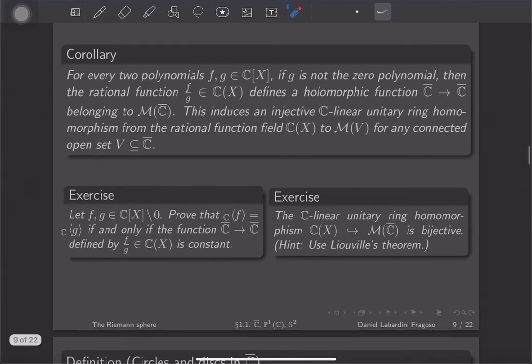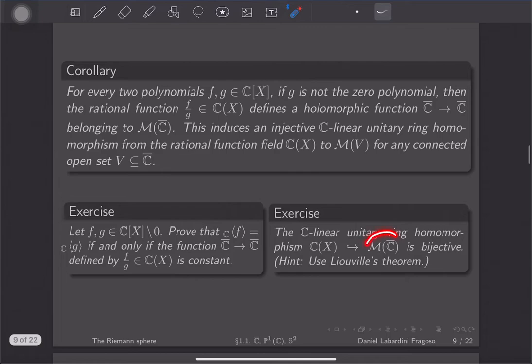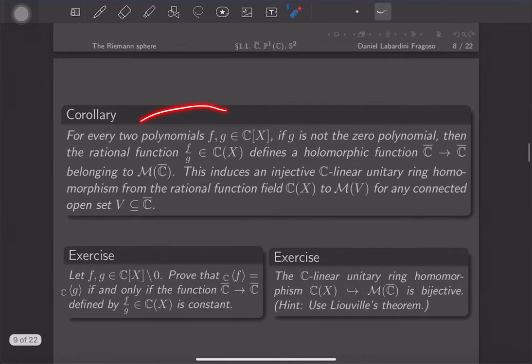Then in this other exercise, what I'm asking you to do is show that every meromorphic function defined on the extended complex plane is actually a quotient of two polynomials. Here I'm saying that the quotient of two polynomials defines a holomorphic function, so a meromorphic function.